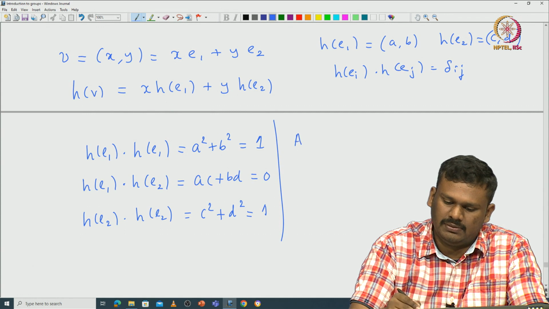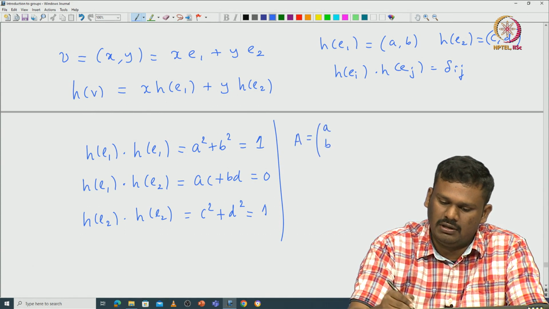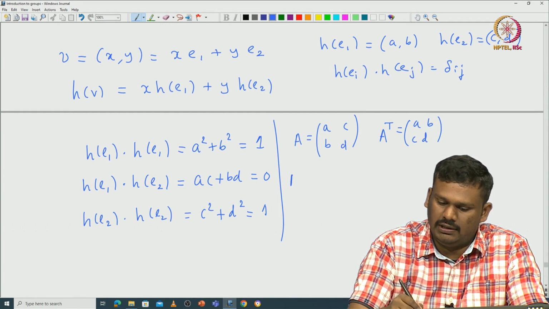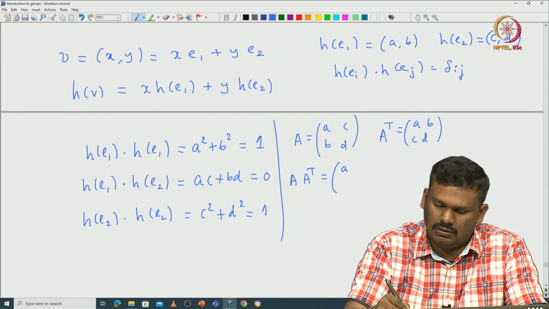Then if you take this matrix A, whose first column is this AB and the second column is this CD, then you can see that A transpose is going to be AB CD.